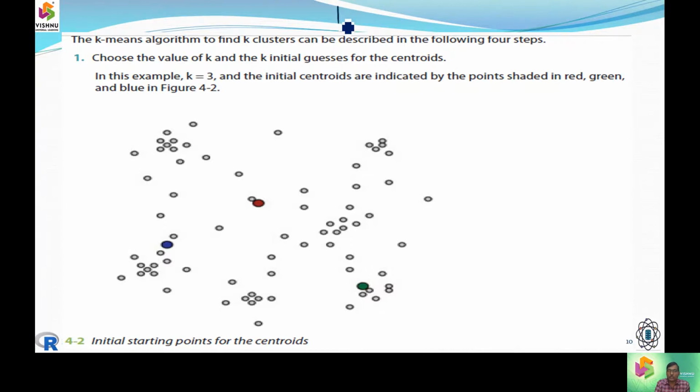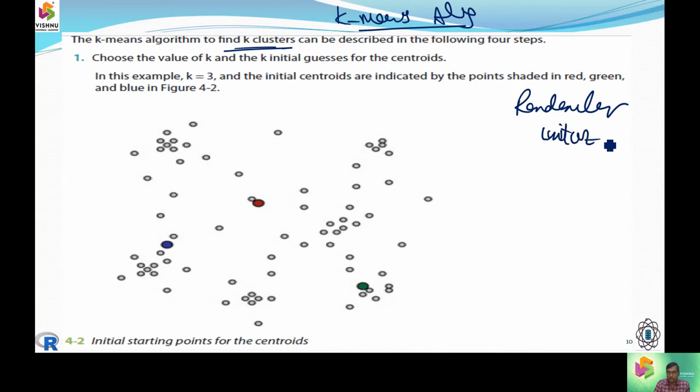Now here we are going to start the k-means algorithm. In this k-means algorithm, we are going to find the number of clusters. First of all, we will randomly initialize 3 clusters as centroids.